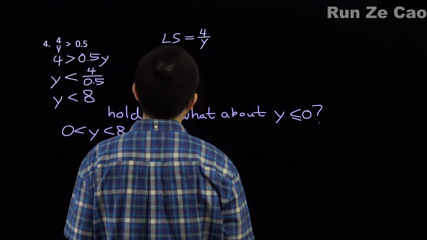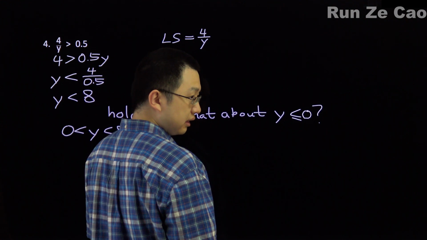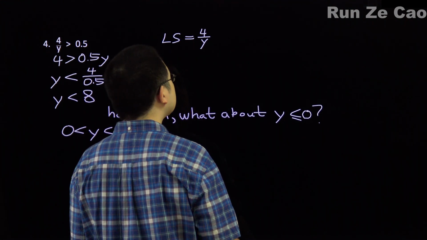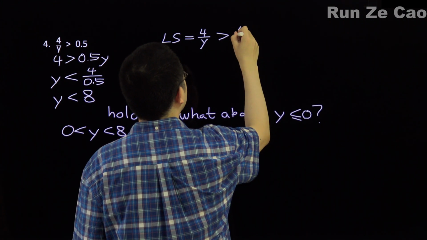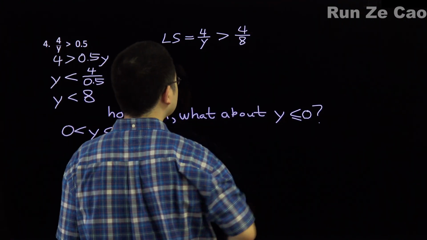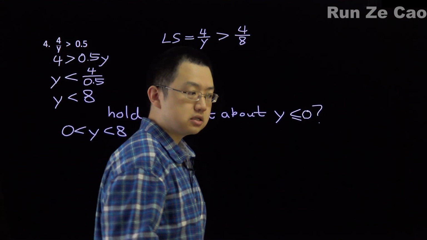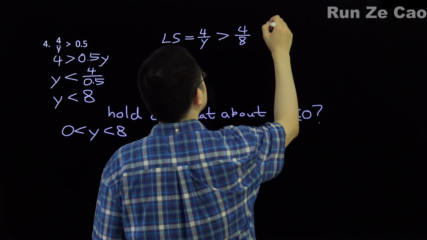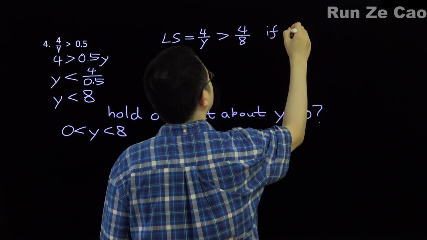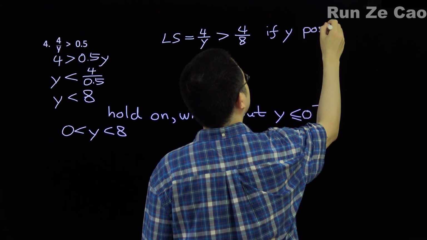So if you're dividing by a number that's less than something, you end up with a result that is greater than 4 over 8. Because you're dividing by something less than 8, if y is positive.